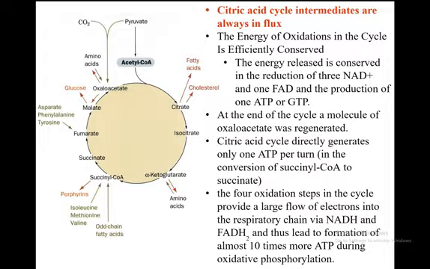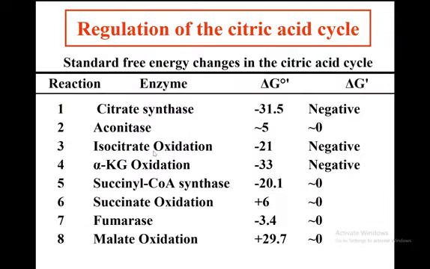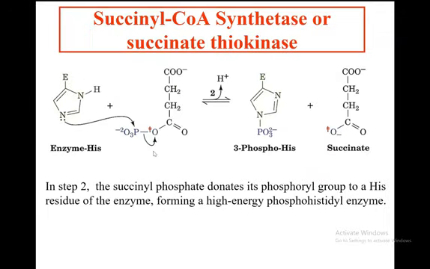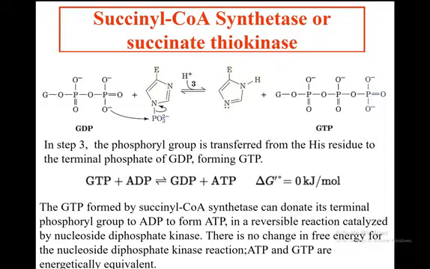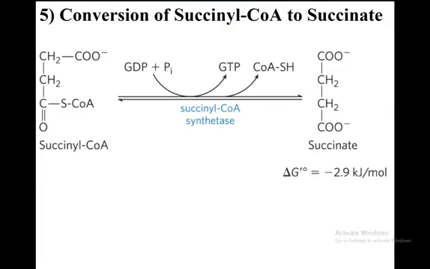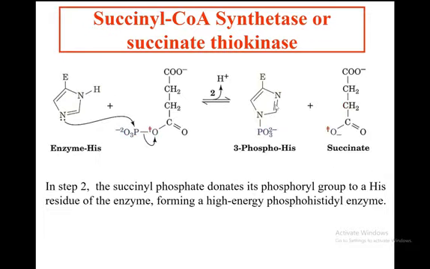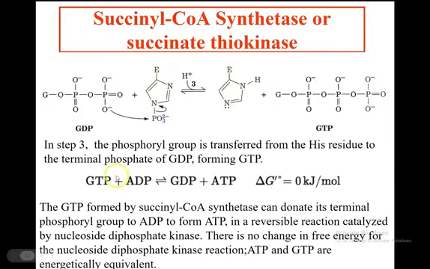So when it mentions that the citric acid cycle directly generates 1 ATP per turn, that step was what we saw way back here, where you have the product succinate. That 5th step is the one step that generates that ATP, because we had that GTP that transfers one of its phosphate groups to ADP to produce ATP.